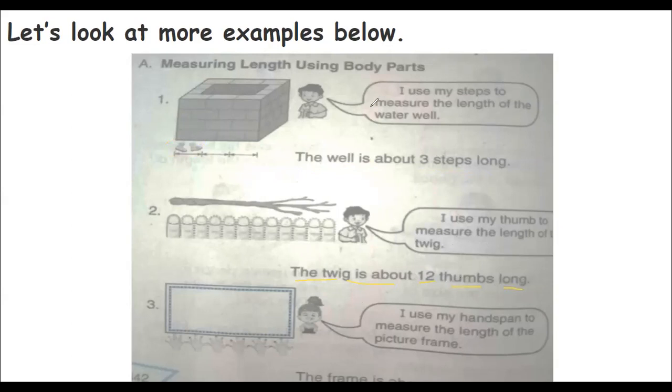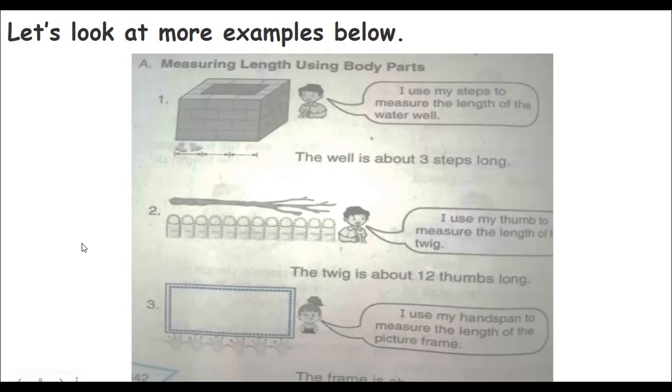Okay, now how about this one? I use my hand span to measure the length of the frame. So the frame, how many? 1, 2, 3, 4, 5, 6. So the frame is about 6 hand spans long. Okay, so we can also measure the length of the object using our body parts, the steps, the thumb, and the handspan.